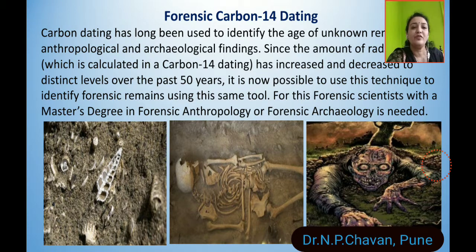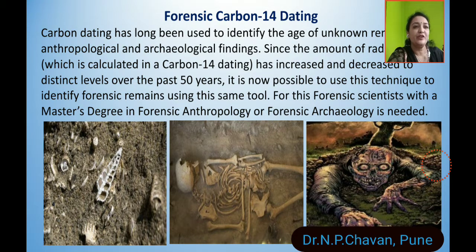The next technique is forensic carbon-14 dating. Carbon dating has been used to identify the age of unknown remains for anthropological and archaeological findings. So this technique is mainly used for archaeological findings along with anthropological study.